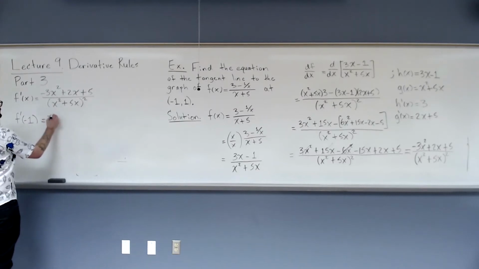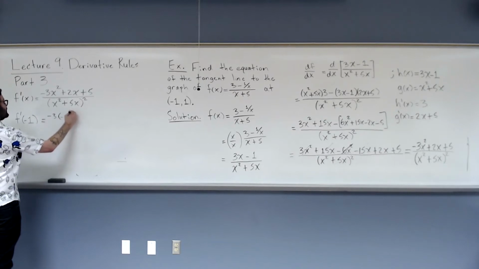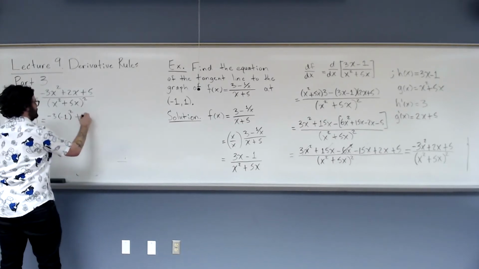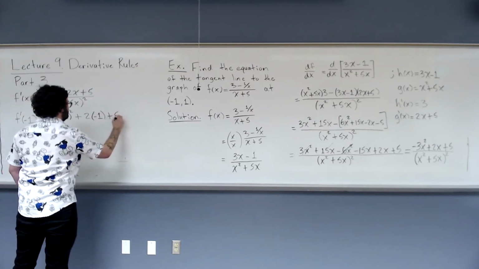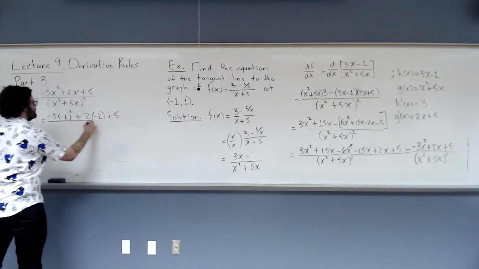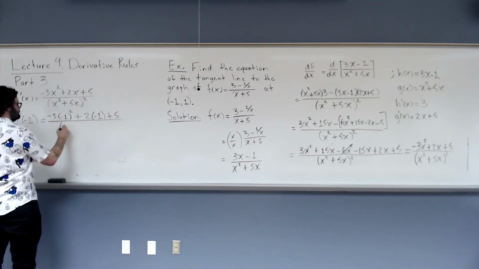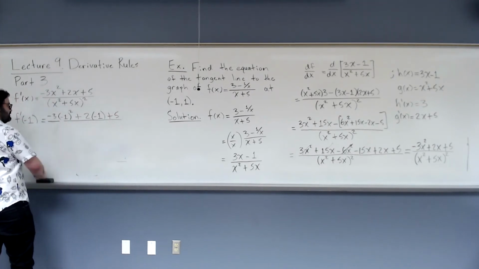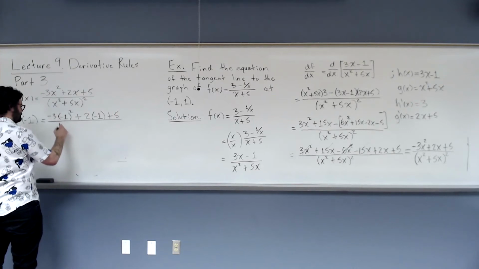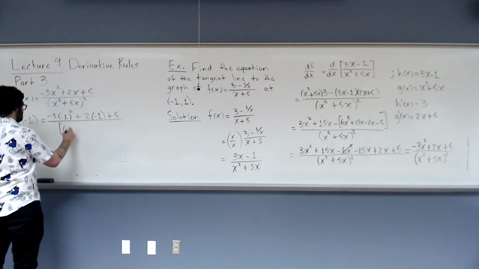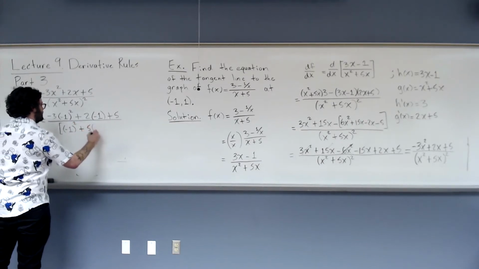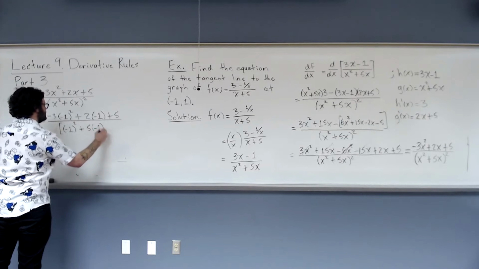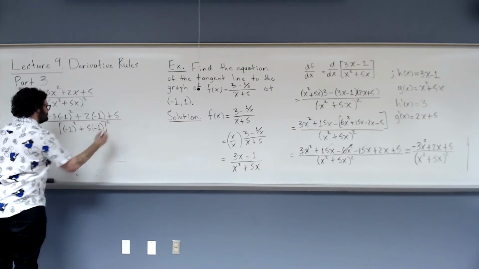All right, so negative 3 times negative 1 squared, plus 2 times negative 1, plus 5, all over, I'm going to use brackets now, negative 1 squared plus 5 times negative 1. And then all of that is being squared.